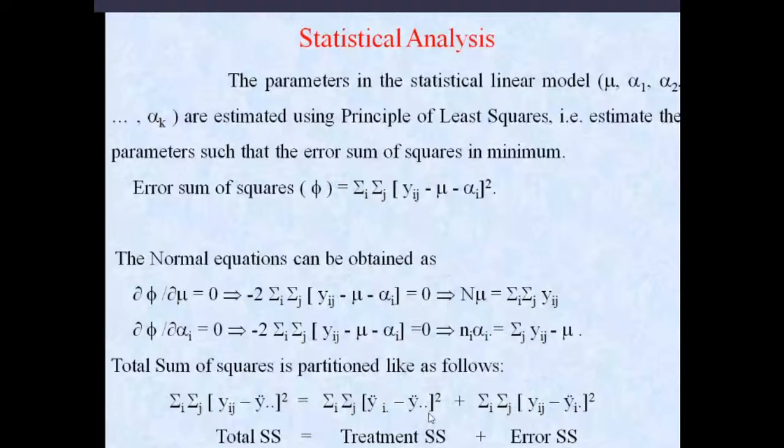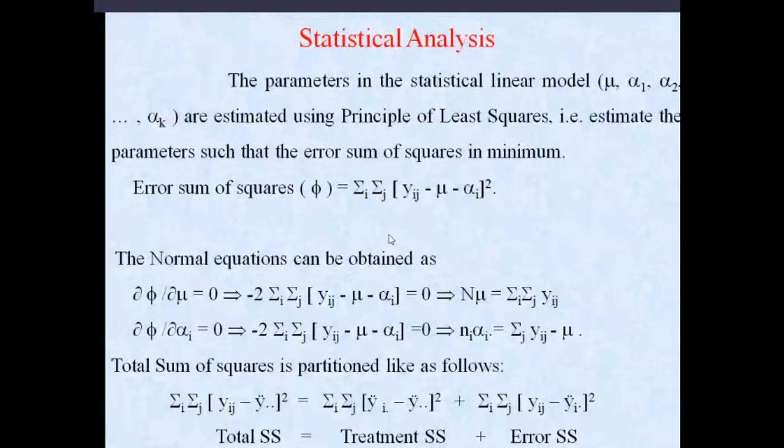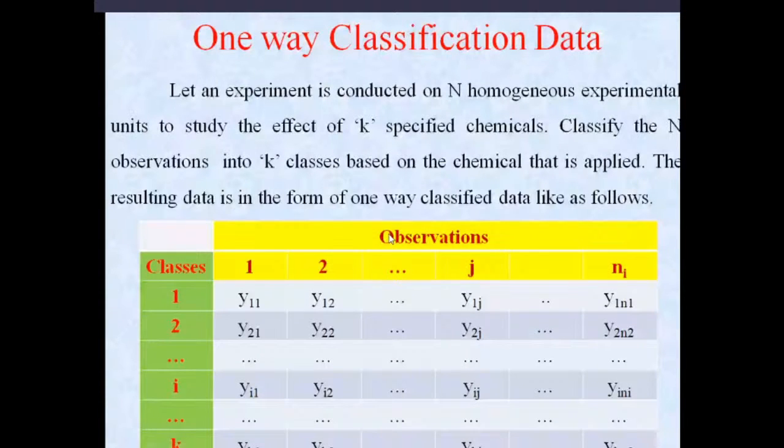Now, how to evaluate the values? I am giving a simple procedure by which you can evaluate manually. I will explain it with a numerical problem also. First step is to compute the totals for each of the treatments. If you have the data like this, whatever the observations are, compute the totals for each group or each class.